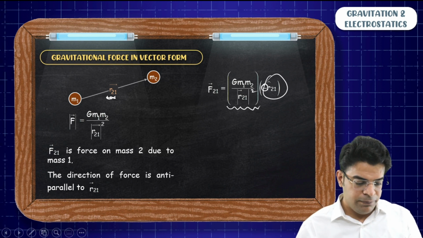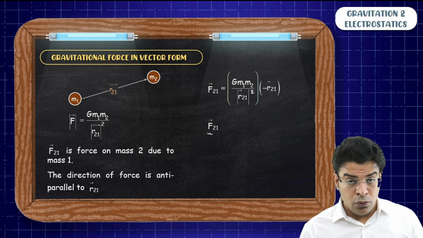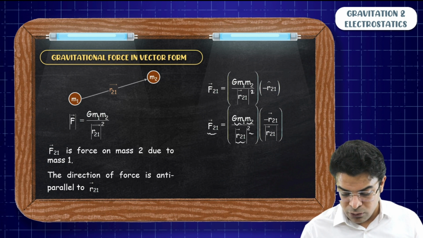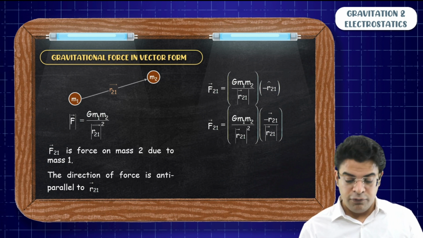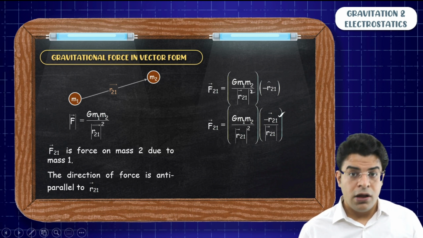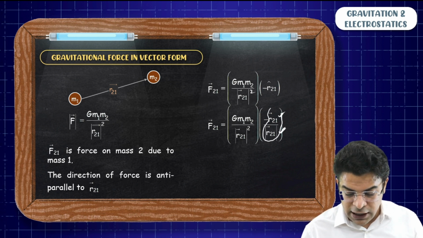Flip the vector. So here place a square. So what you get is the force on 2 due to 1 is given by G m1 m2 upon r21 whole square into minus times the position of 2 with respect to 1 upon the magnitude of the position of 2 with respect to 1. R21 upon magnitude of R21 gives you a unit vector in the direction of R21.